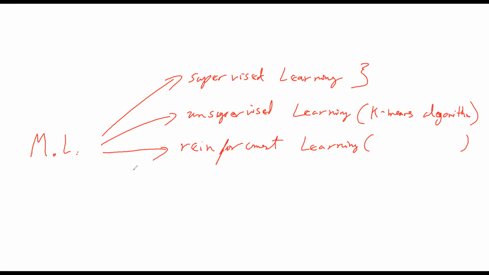However, within these three, there are other divisions. Within supervised learning, we're going to have all the traditional algorithms like KNN and naive Bayes, but also neural networks.